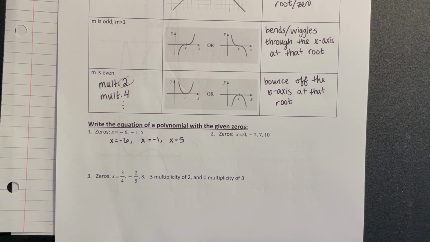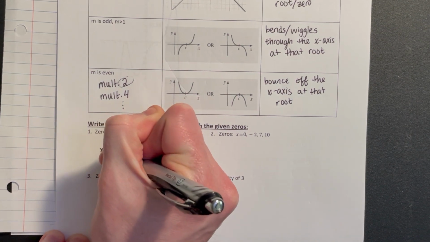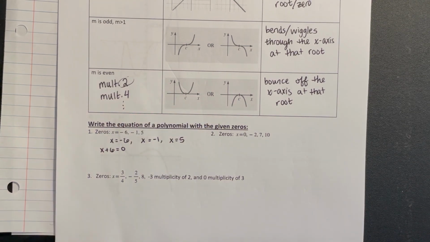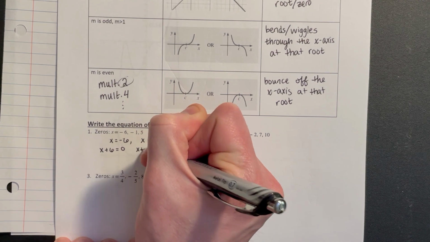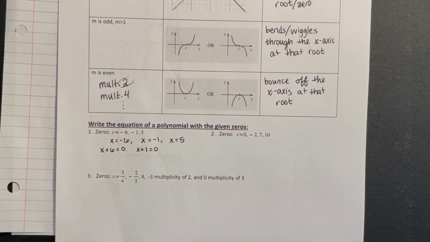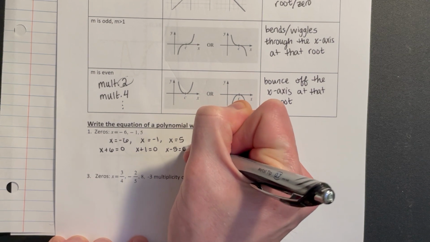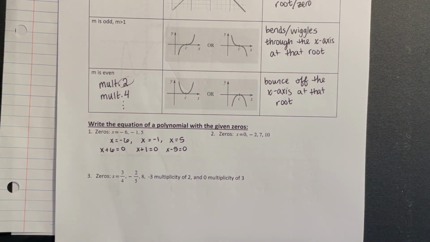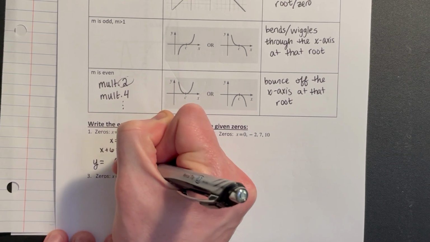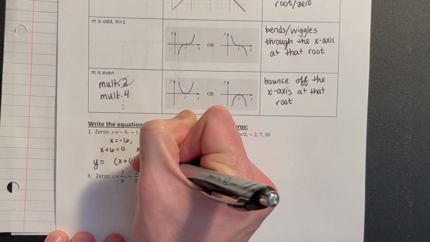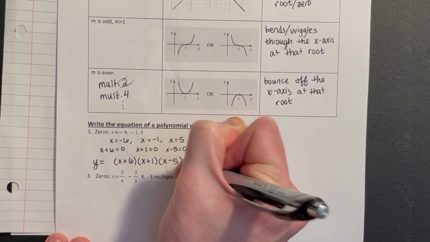If we were to work backwards from that root and get it back to 0, I could do x plus 6 equals 0, and that's the factor. We see x plus 1 equals 0. There's going to be the factor. X minus 5 equals 0. There's the other factor. So our function could be written like y equals (x plus 6)(x plus 1)(x minus 5).